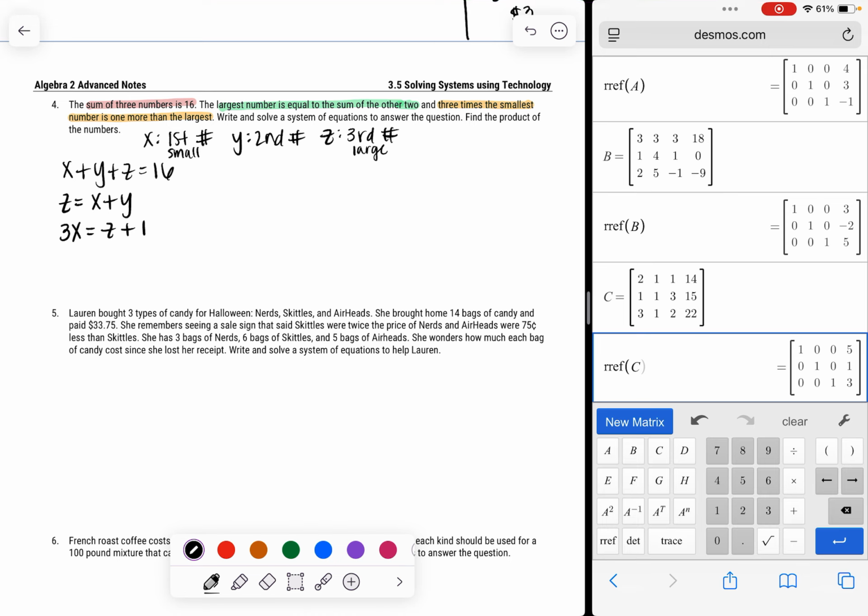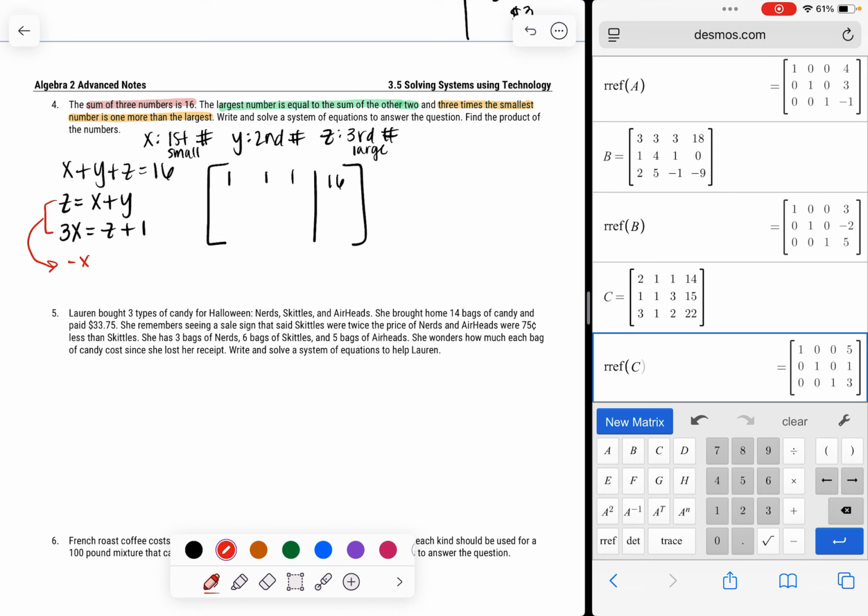So now that I have my 3 equations, I'm going to put this into my augmented matrix because this is one that we can use our calculator on. And I'm going to have 1, 1, 1, 16. Now for the second one, you have to be careful because I want everything to be on one side. So I'm going to draw a little arrow down here because I'm going to have to move both.